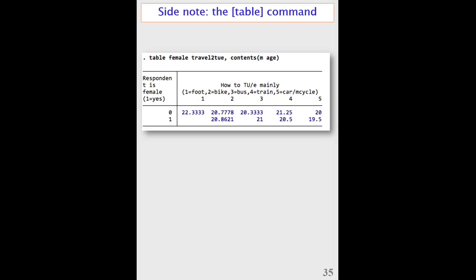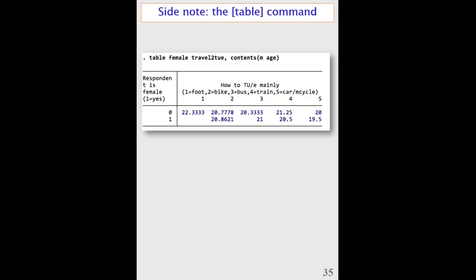The only thing is, what I can now ask is, in the different cells, give me something else than just the frequency that I'm expected to have in the different cells. For instance, here I asked for content n, and age is a variable in my data. So this is saying, okay, show me a crosstab of these two variables. In every cell, give me the mean of age.